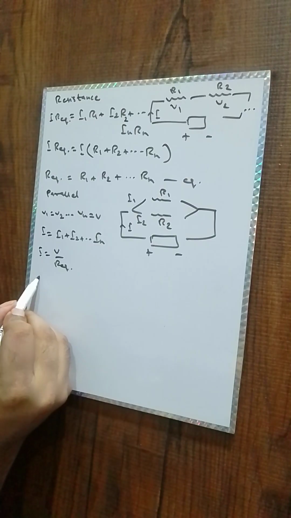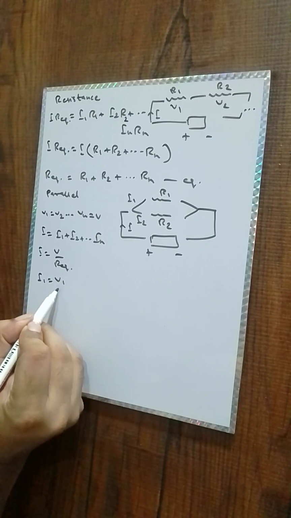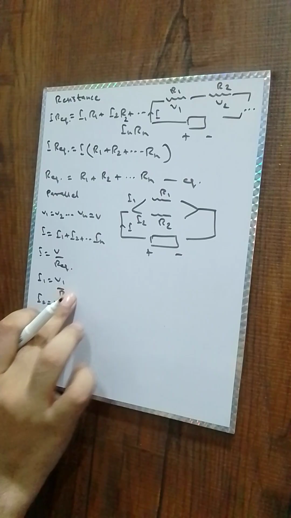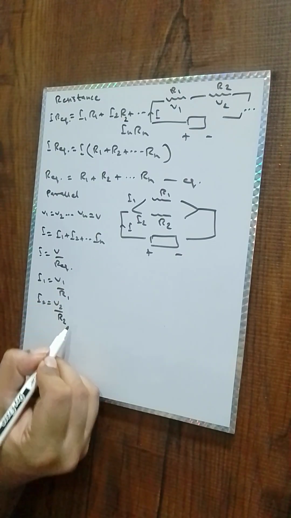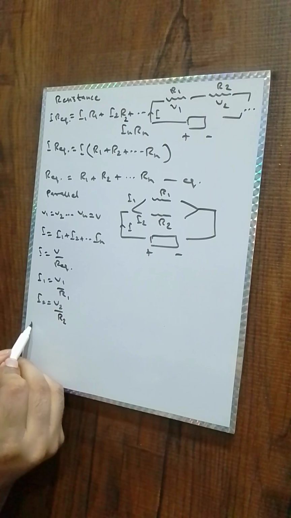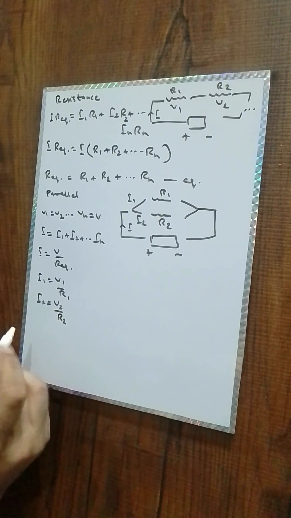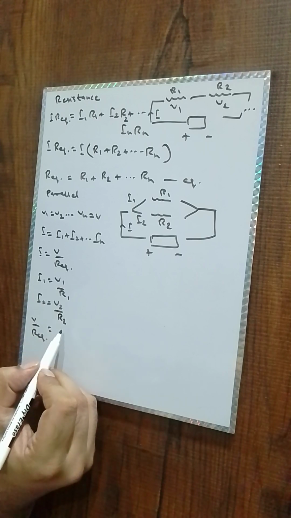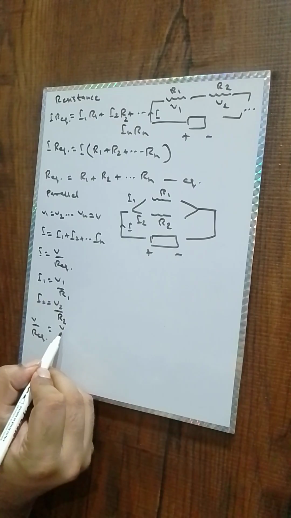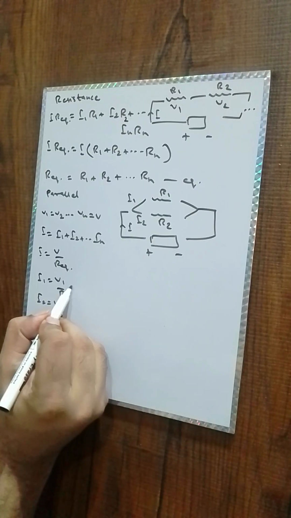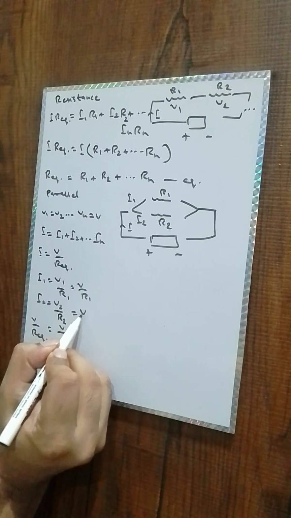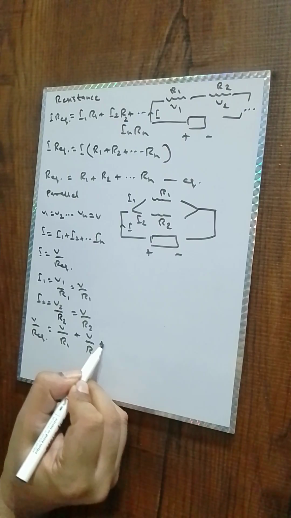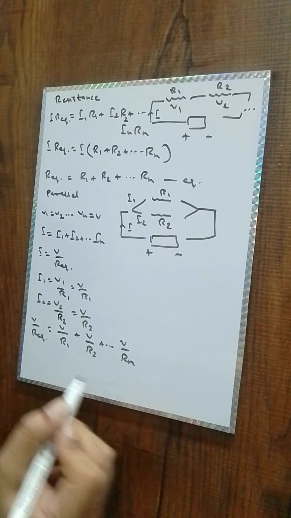So I1 is equal to V1 by R1, and I2 is equal to V2 by R2, and so on. And so V by R equivalent becomes equal to, since the voltage is the same, V by R1 plus V by R2 up to V by Rn.